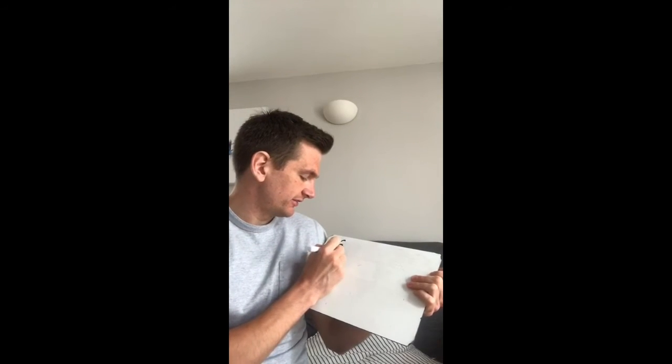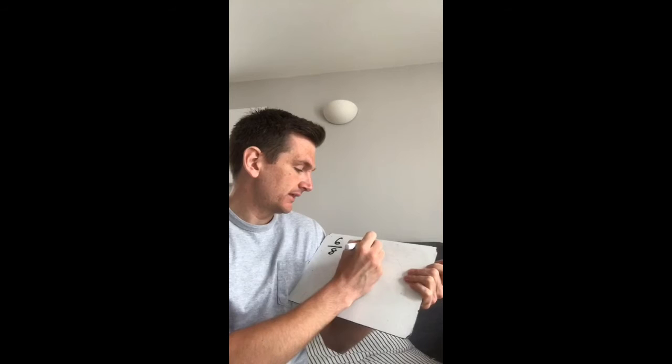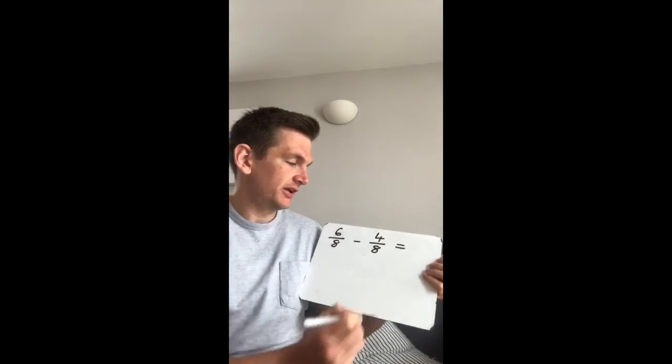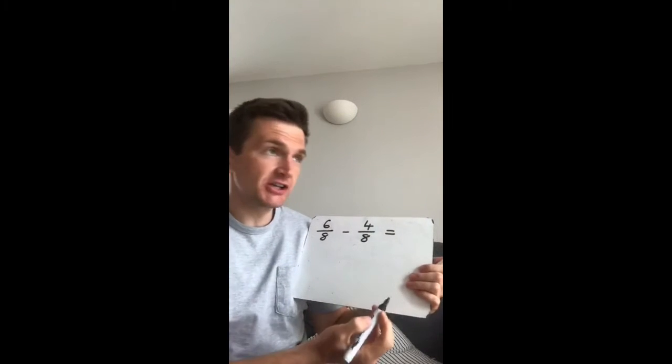Now, subtracting. When I'm subtracting 2 fractions, it's exactly the same again. So if I was to have 6/8 take away 4/8 equals something. Now, just like our addition, we do not need to touch the denominators.